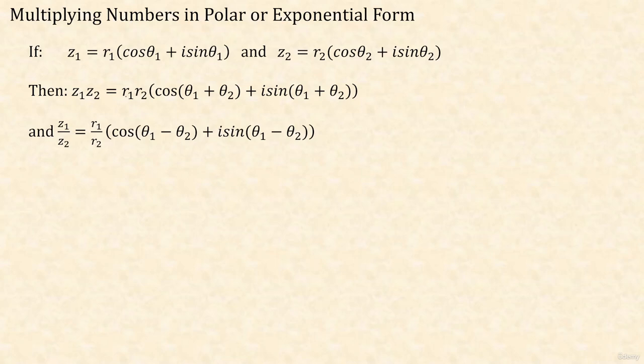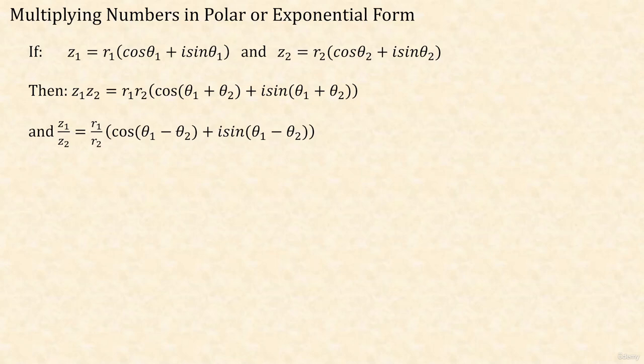So you just multiply moduluses. And the new argument is the sum of the arguments before. So you add the arguments. If, however, you're dividing z1 by z2, you divide the moduluses and you subtract the arguments.